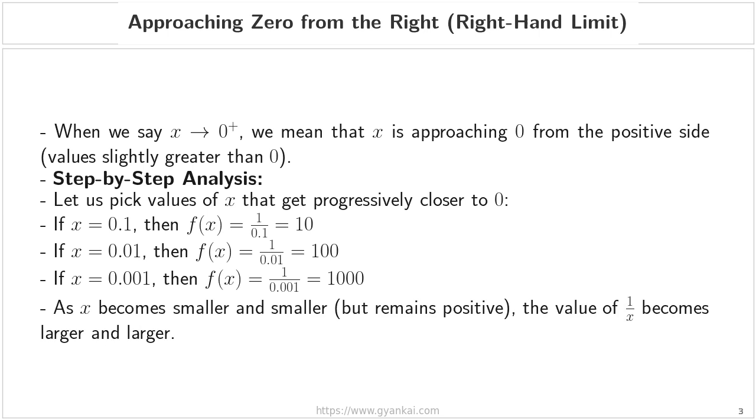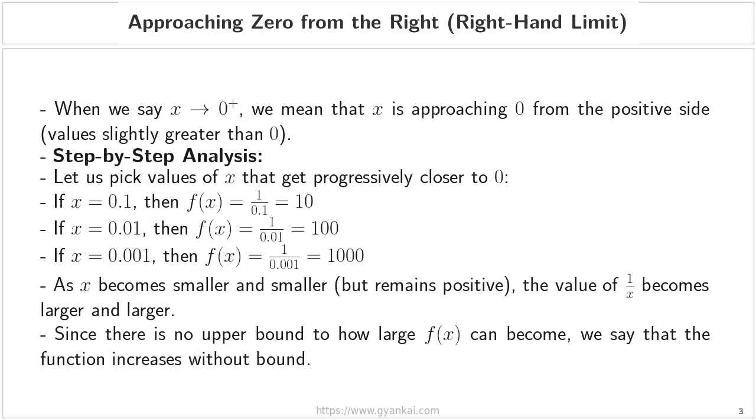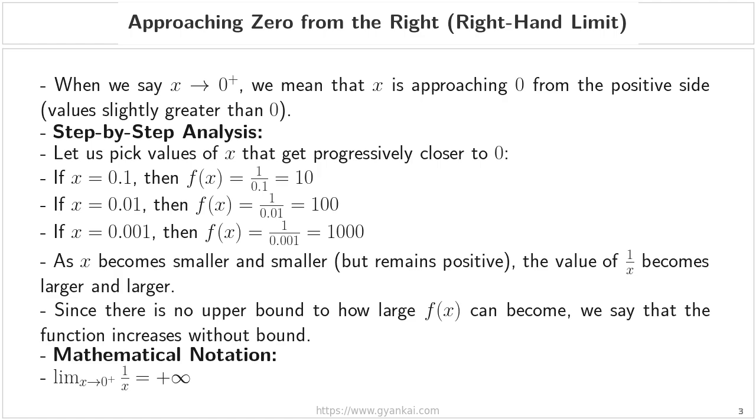As you can see, as x becomes smaller and smaller, while remaining positive, the value of 1 over x becomes larger and larger. Since there is no upper limit to how large the function can become, we say that the function increases without bound. We express this formally using mathematical notation. The limit of 1 over x, as x approaches 0 from the right, equals positive infinity.